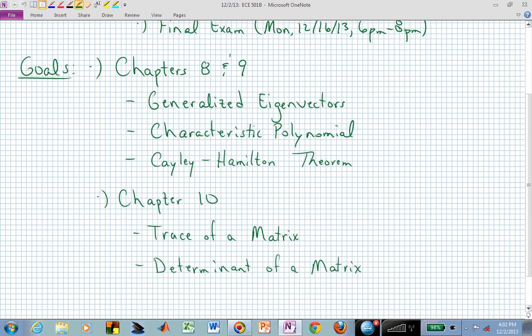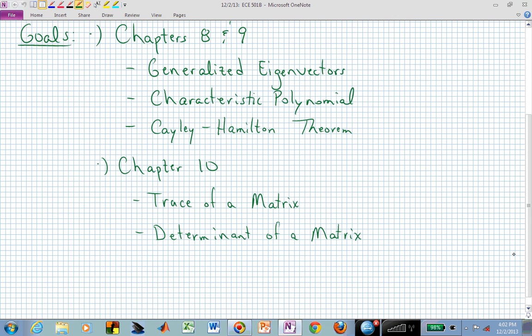But in chapter 8, and we really will just cover 8, we'll just say the same thing occurs in chapter 9. That's how we can get through so many chapters so quickly. We'll talk about generalized eigenvectors, which we need if we want to try to find a basis of vectors that span an entire space. If we maybe don't have that many eigenvectors available, we have to generalize the idea of eigenvectors to obtain a full complement of vectors that we will then call generalized eigenvectors.